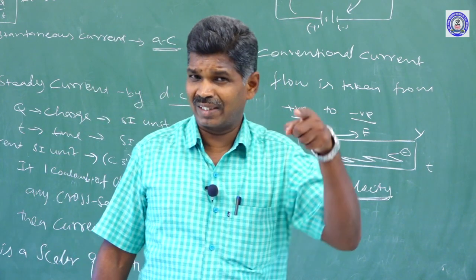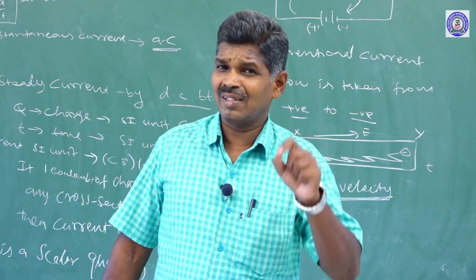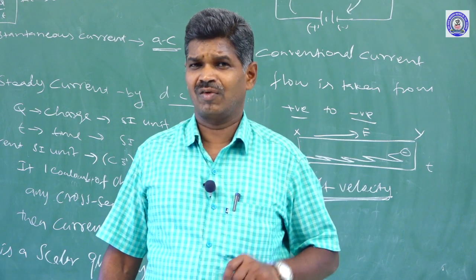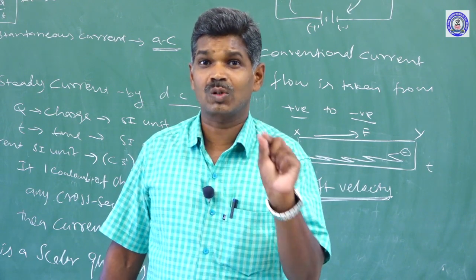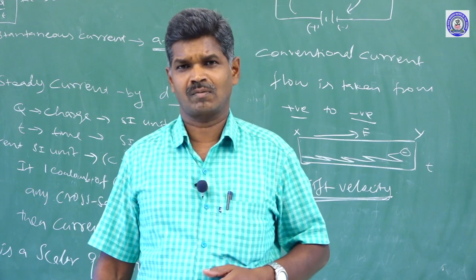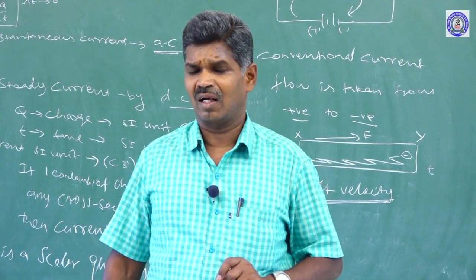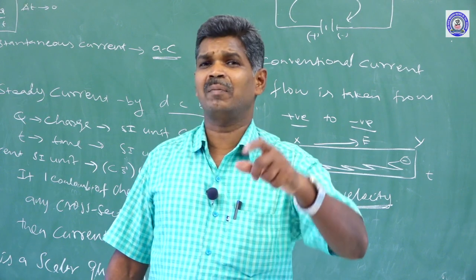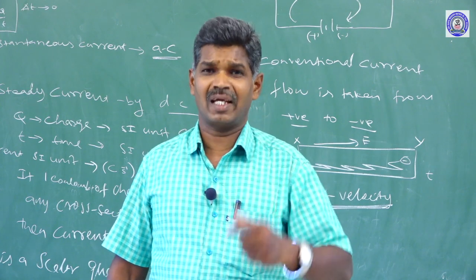At the time of an existing electric field, each and every electron experiences a force. We know that F is equal to small e into capital E. Based on Newton's second law, mass and acceleration relation, that can be taken as ma.